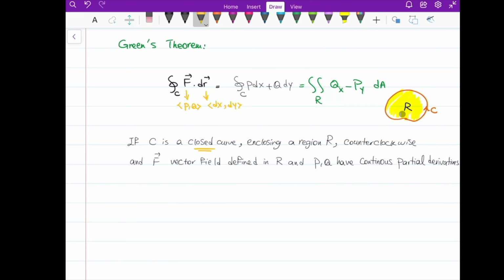So if I want to have more professional notation, I'm going to say that C is positively oriented, which means that it's oriented counterclockwise, such that R is on its left.